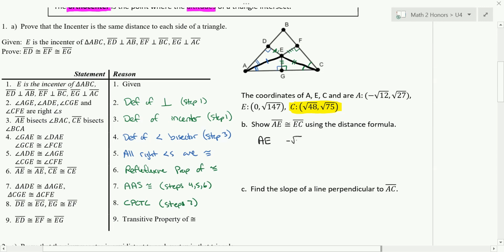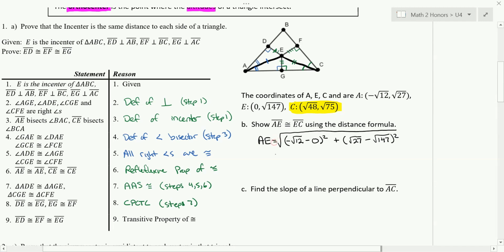So here's the x value from A minus the x value from E, and then square that, plus the y value from A, the square root of 27, minus the y value from E, the square root of 147. Square that, and then don't forget to take the square root of all of that. That's the distance formula. That's plugging it in, and then we work through these steps.